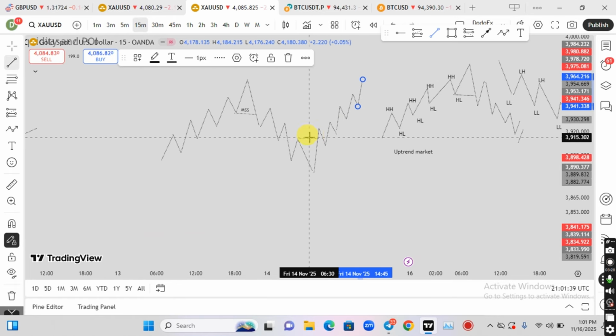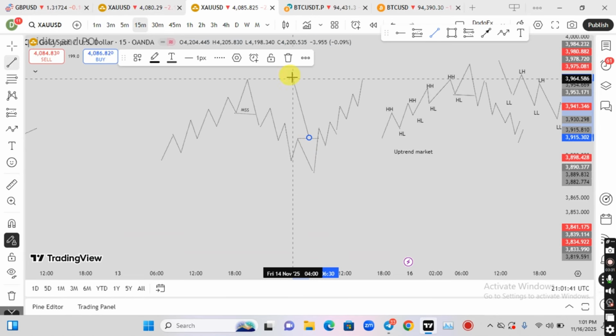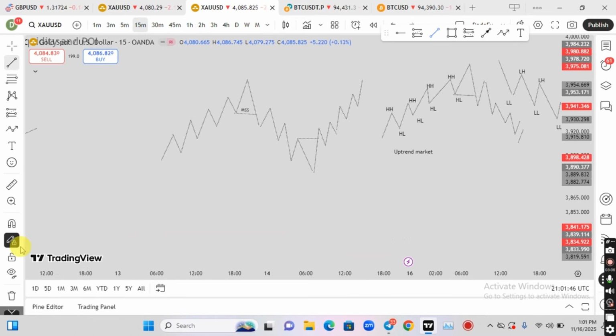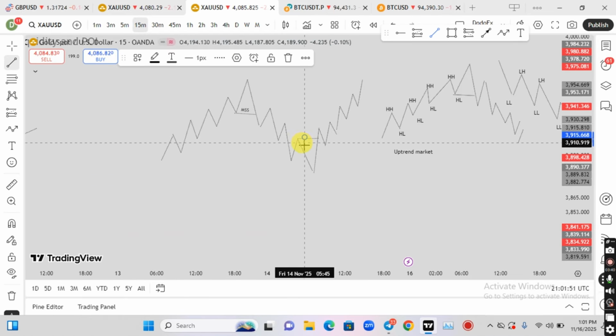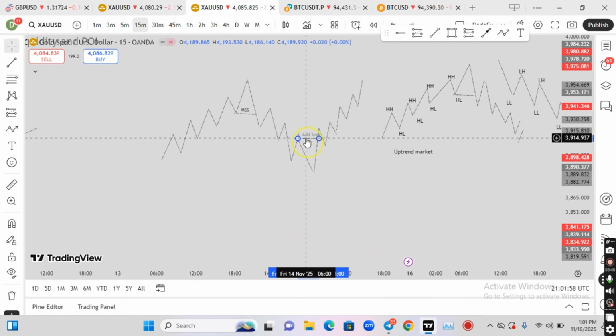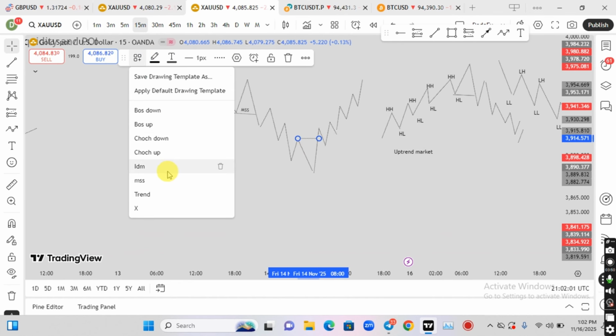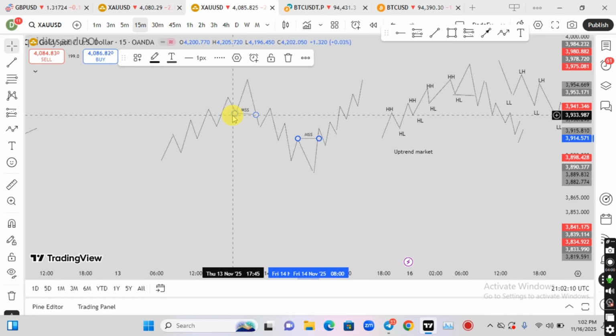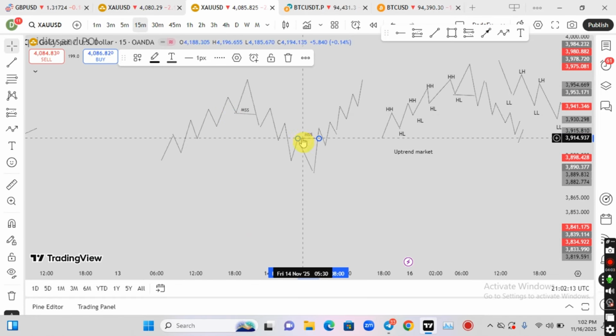This pullback here, price broke this zone here. We can call this zone here MSS, because price broke the recent lower high here, and here price broke the recent higher low, the recent pullbacks.